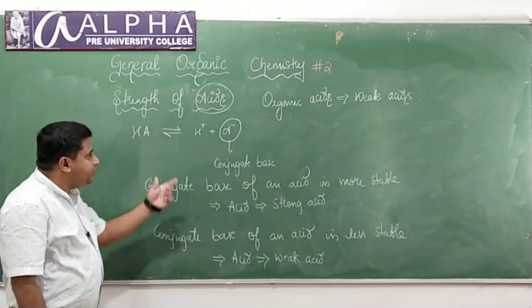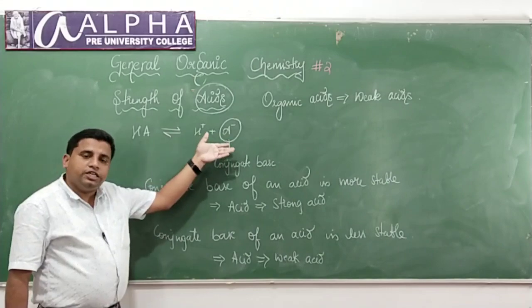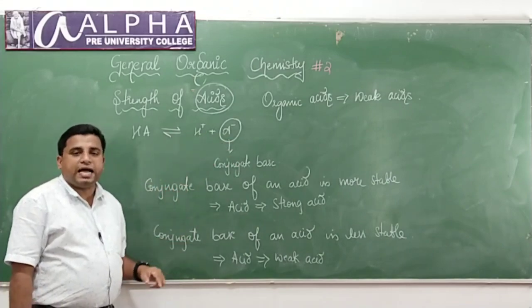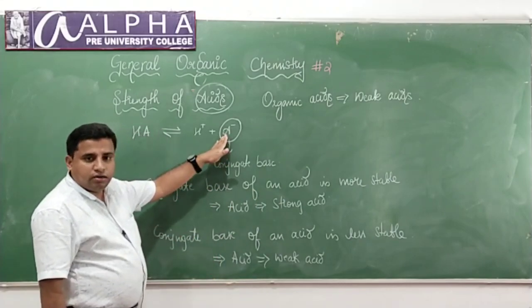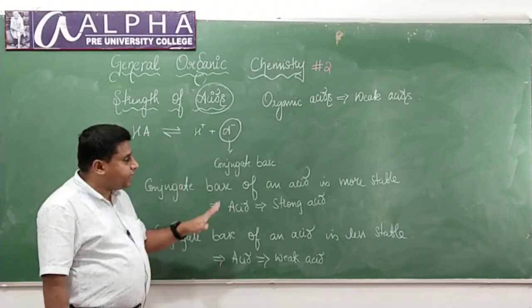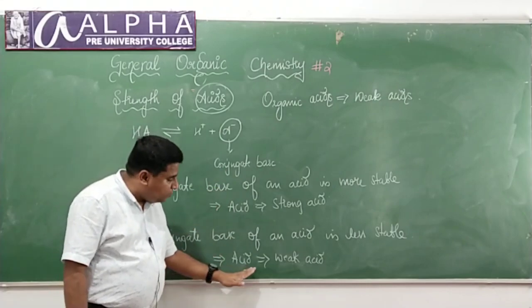Got it? So if this anion is more stable, then that acid will be a strong acid. If this anion is less stable, then we say that acid will be a weak acid.